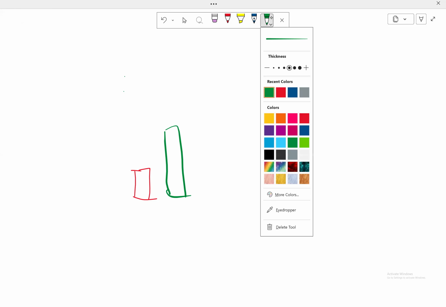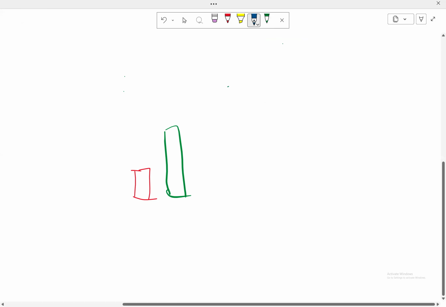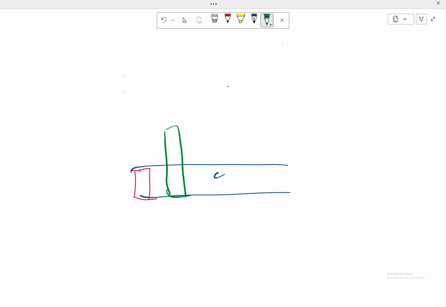So this region is your order block. What are you expecting price to do?